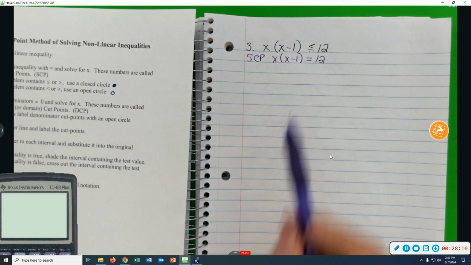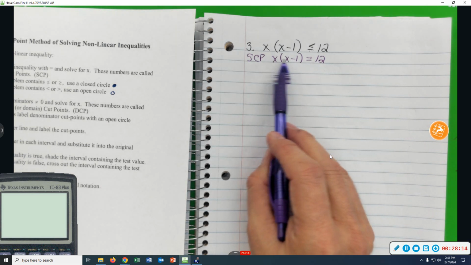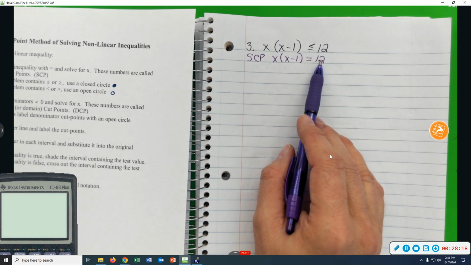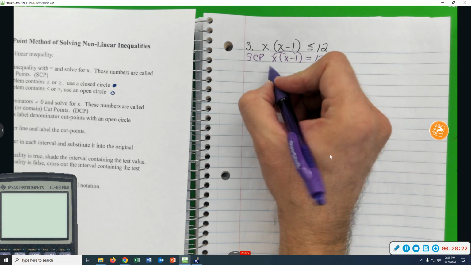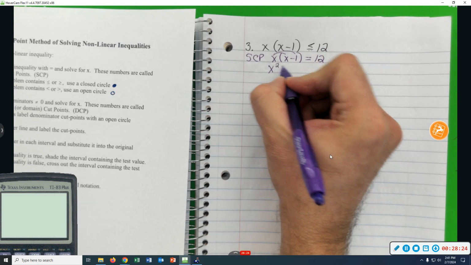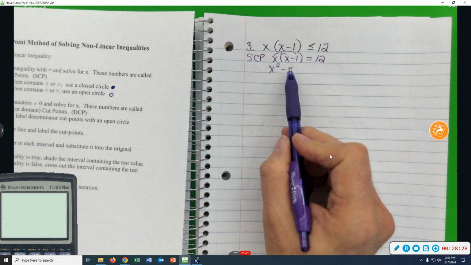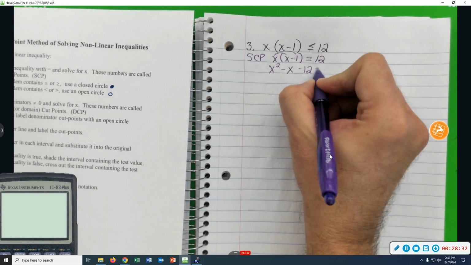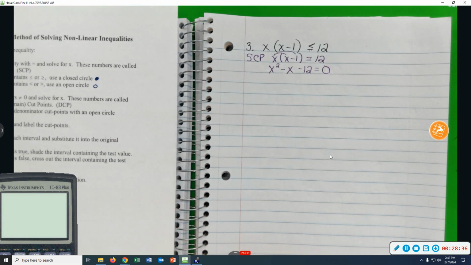Now, in order to solve this, you might think, well, wait, it's already factored over here. Yeah, but no, you can't really use that because there's not a 0 over here. You're going to have to distribute the x squared minus x, and then I'll go ahead and move the 12 over. This is what we were doing when we started solving quadratic equations by factoring.